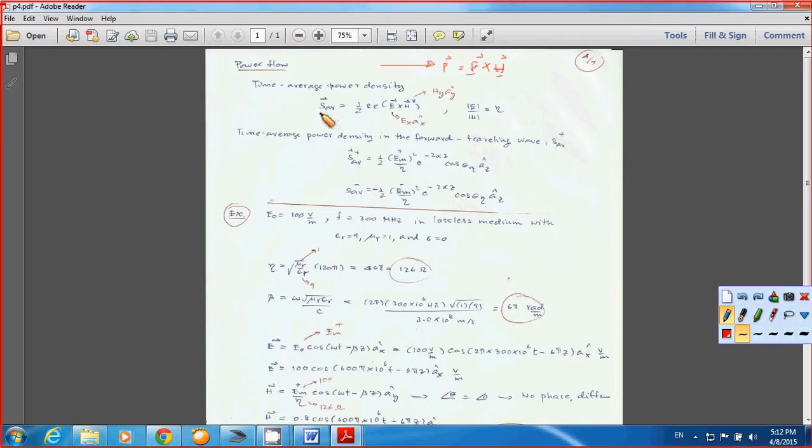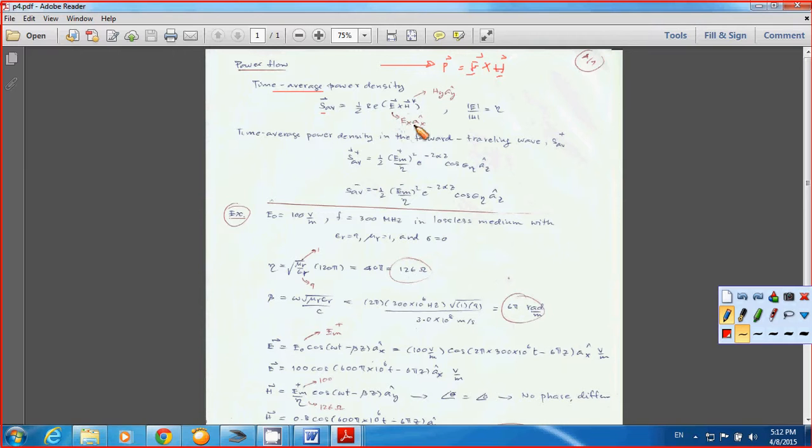I'm not going to explain this one a lot, just bring this up to you. The time average power density is also a vector, simply equal to 1 over 2 times the real part of E cross H conjugate.